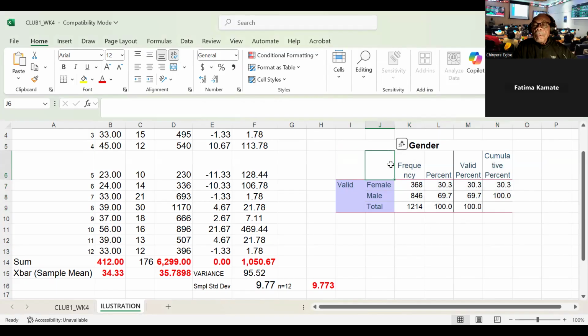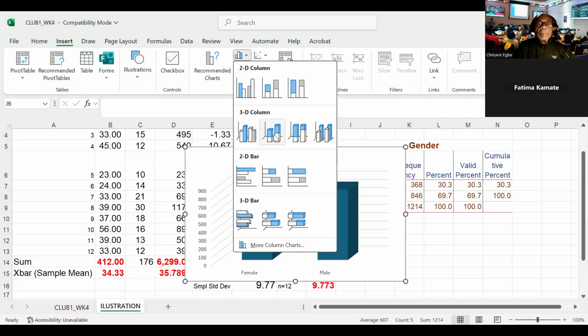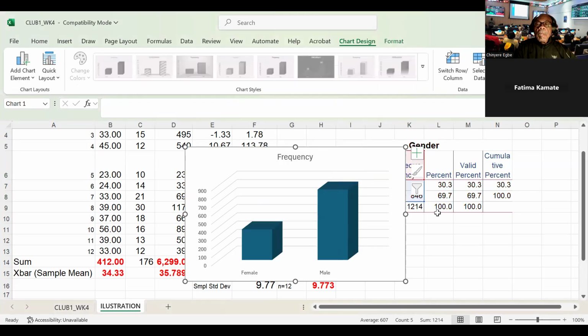All right. So I'm going to paste this. Okay. I will insert a chart.